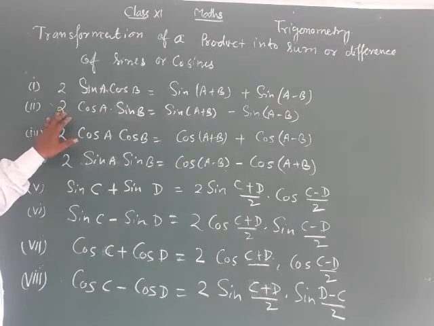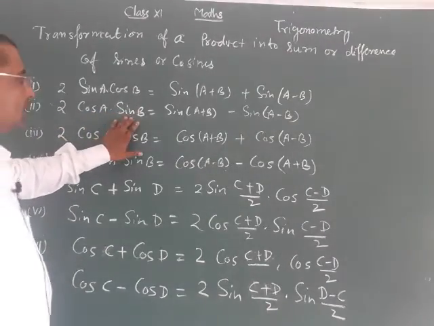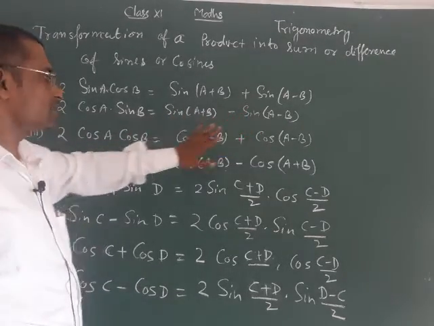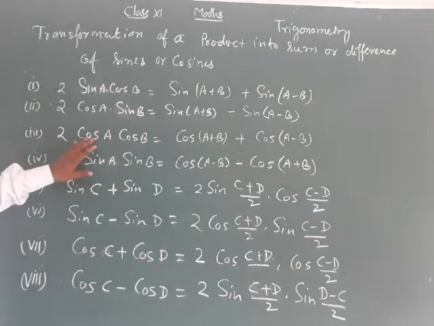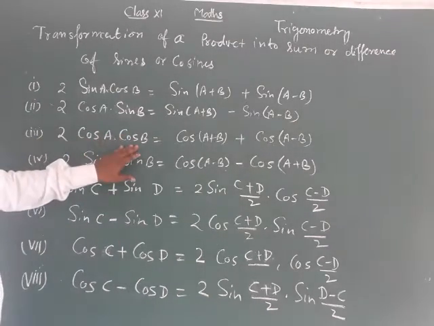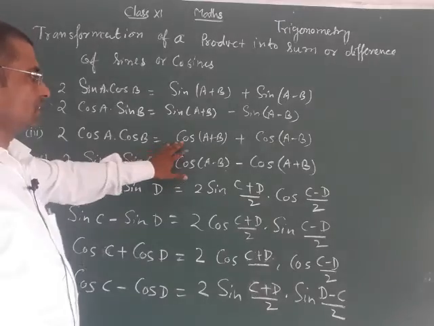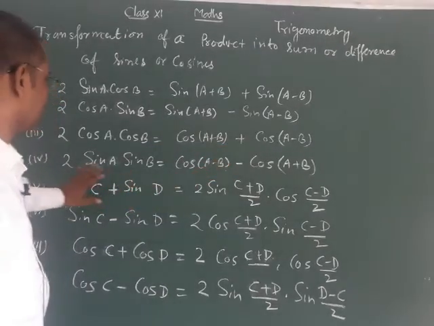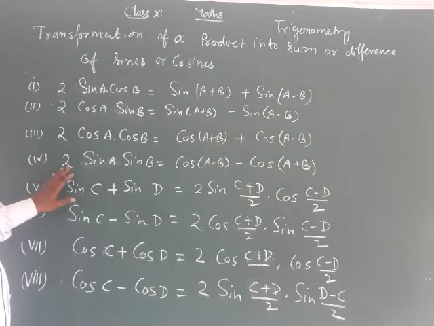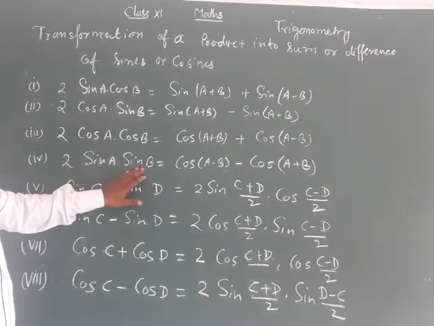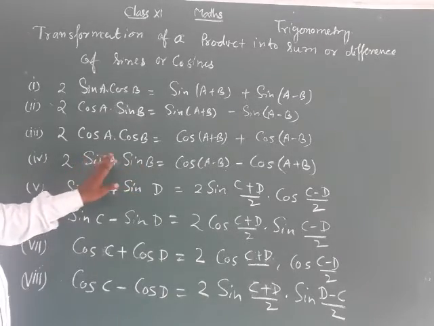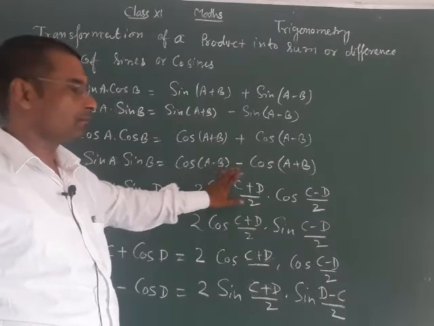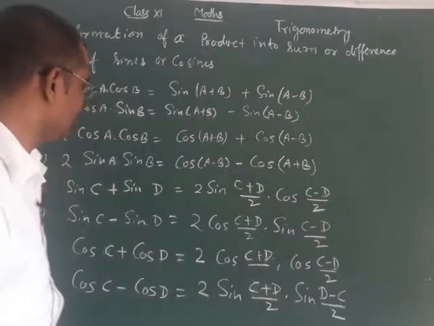And second, 2 cos A sin B is equal to sin(A plus B) minus sin(A minus B). And 2 cos A into cos B is equal to cos(A plus B) plus cos(A minus B). And fourth, 2 sin A sin B is equal to cos(A minus B) minus cos(A plus B).